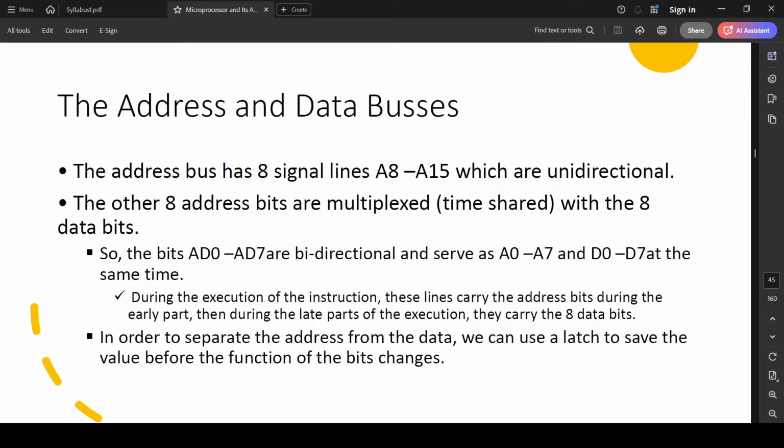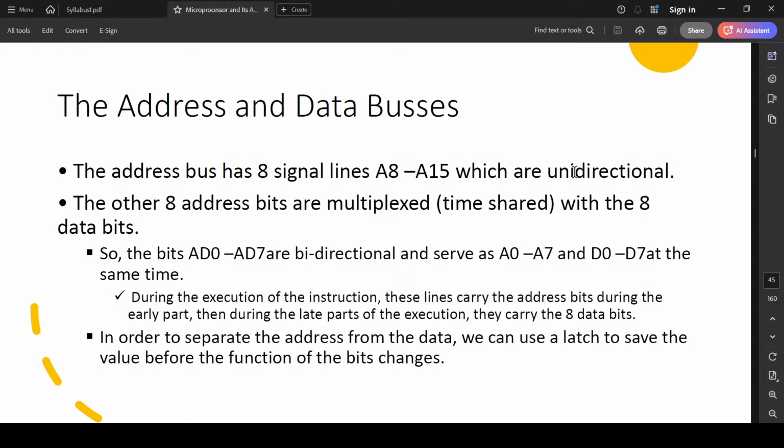The address and data buses. Now we'll talk about the buses. The address bus has 8 signal lines from A8 to A15. So it is a compact of 8 signal lines, which are unidirectional. The other 8 address bits are multiplexed, which, remember, are bidirectional. So from AD0 to A15, 16 lines are there, but they're divided into two parts.